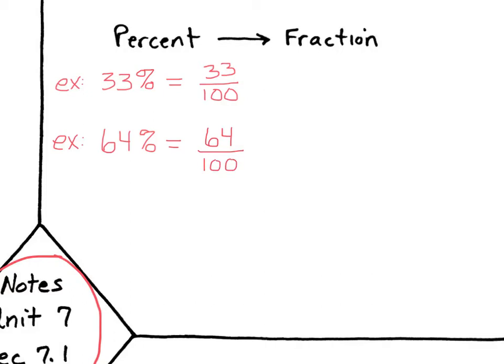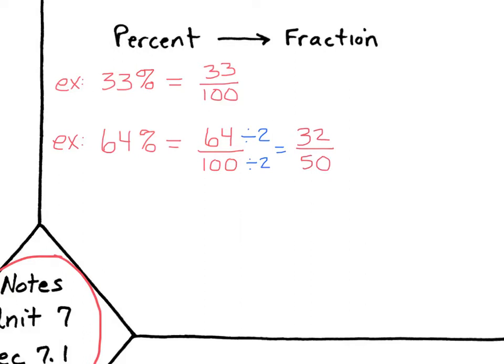And that'd be great, except both 64 and 100 can be divided, and so they can be reduced. They're even, so for sure they can both be reduced by 2. So we'll divide the top and the bottom by 2. And that gives us 32 out of 50, which is the same thing as 64 out of 100.